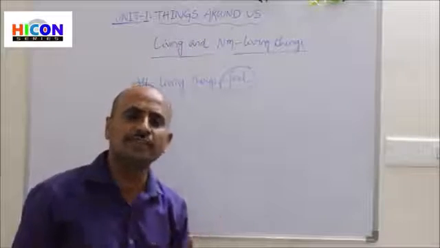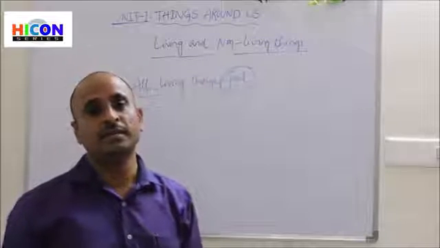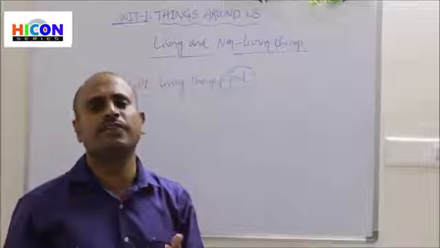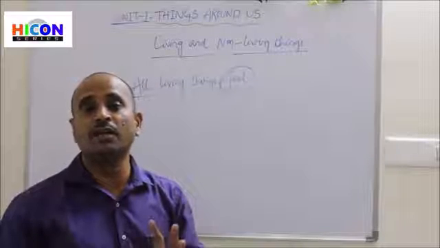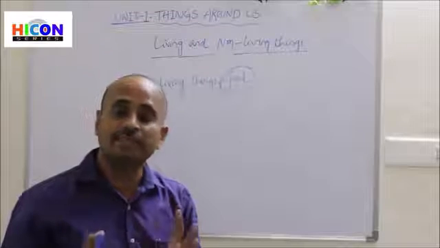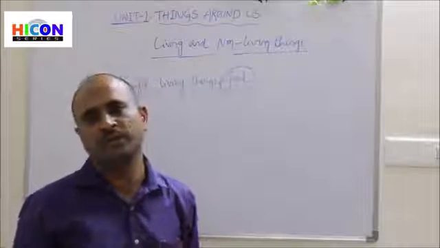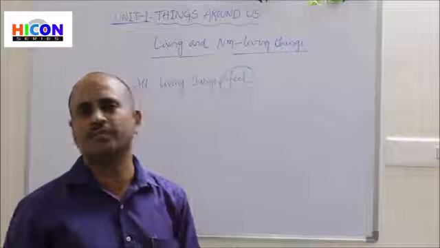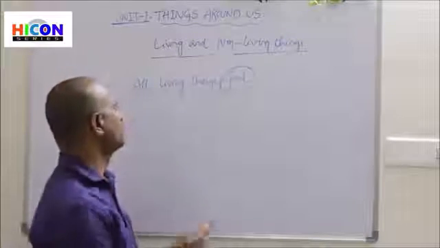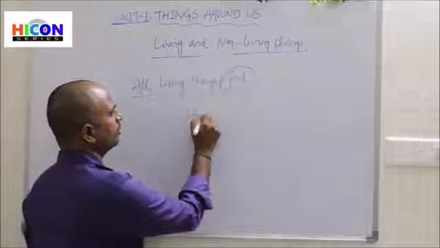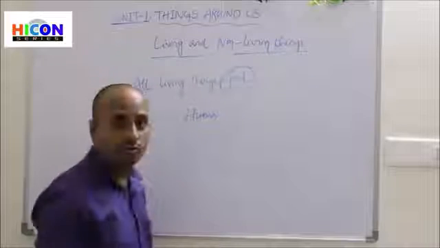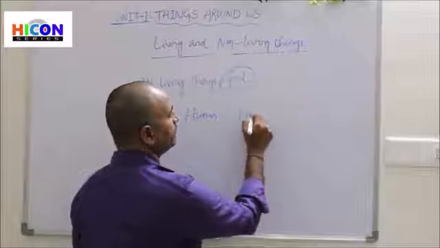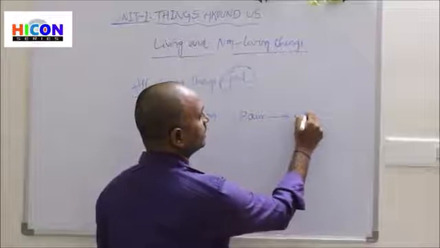All living things express feelings, but different living things express the feelings in different ways. That means all living things do not express the feelings in the same way. For example, if we consider human beings, when a human being feels pain, then he will express it by crying.